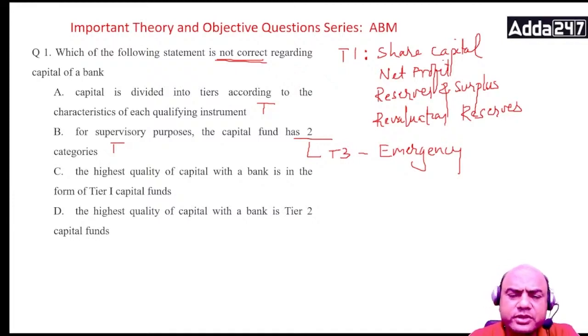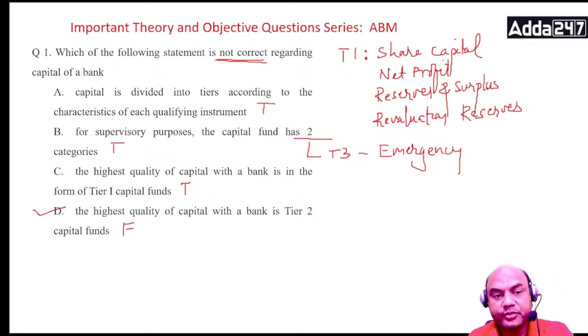Suppose I ask you which is the best money you can have: the money which is your own, or the money you have brought through the bank by loans? Obviously your own. So Tier 1 capital is the best capital. This statement is true, but we want a false one, so the Tier 2 statement is false, and that is your answer: not correct.